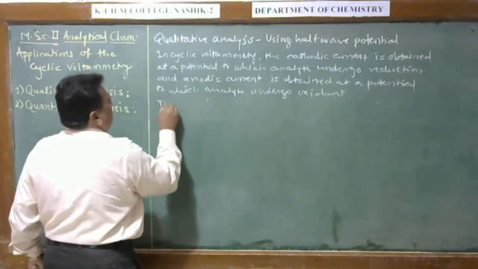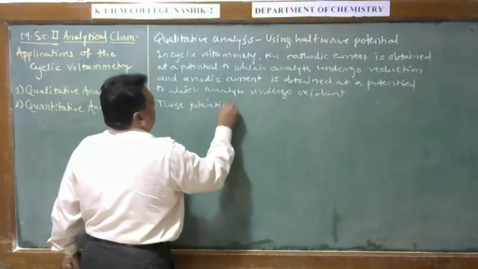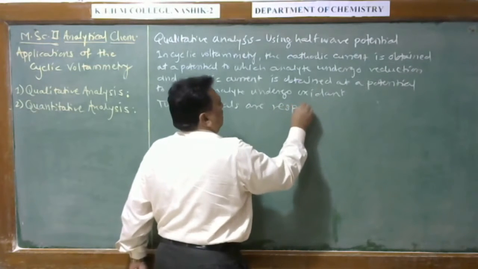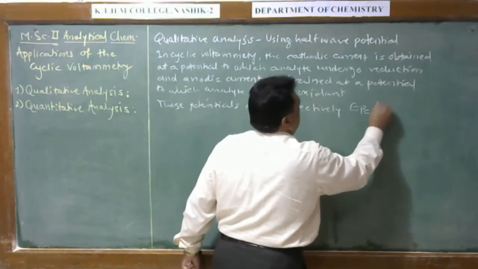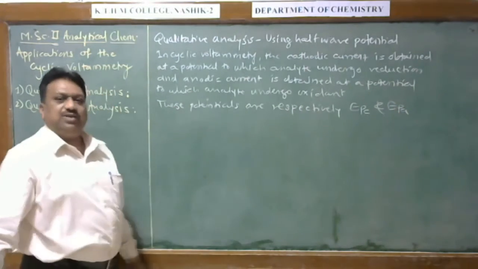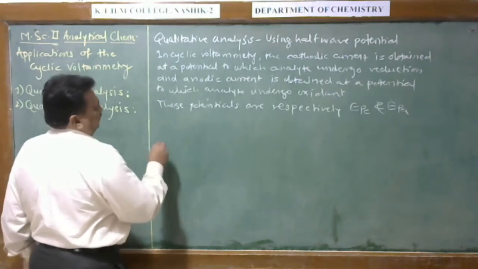These potentials are respectively EPC and EPA, that is the cathodic peak potential and the anodic peak potential.